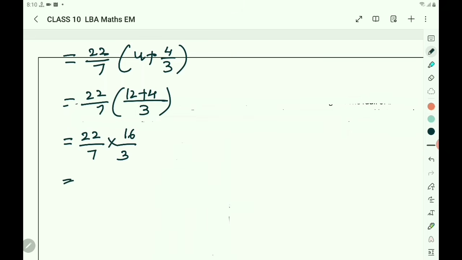Then 22 into 16. 16 2s are 32, 3 carry. 16 2s are 32 plus 3, 35. Got 352 by 7 into 3 is 21.